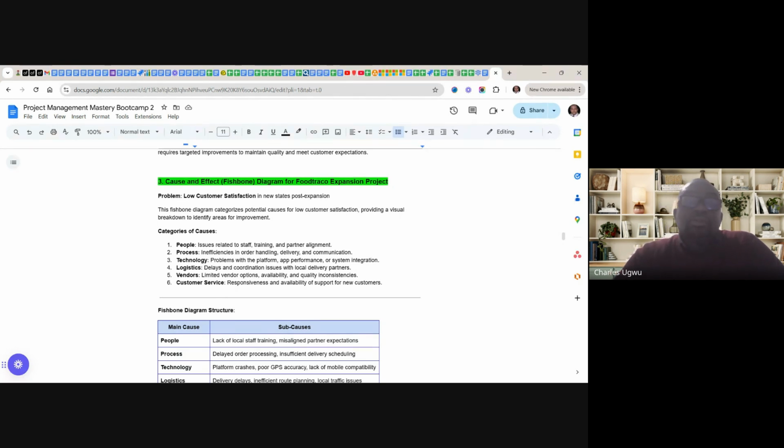I don't want to capture it in project management, so it's going to be too technical for project management, but for business analysis, it's short. The fishbone diagram categorizes potential causes for low customer satisfaction, providing a visual breakdown to identify areas of improvement.